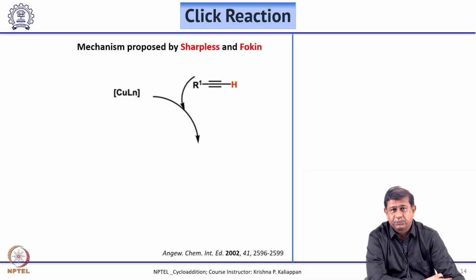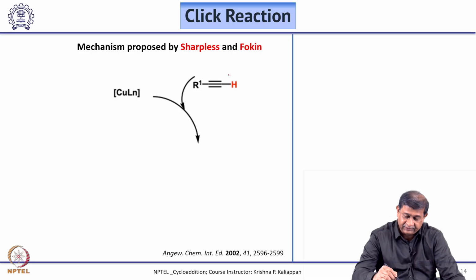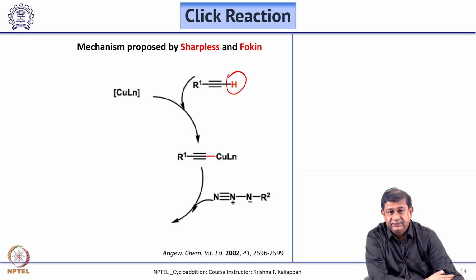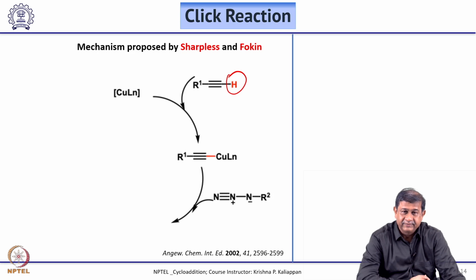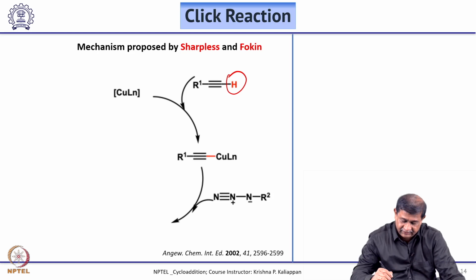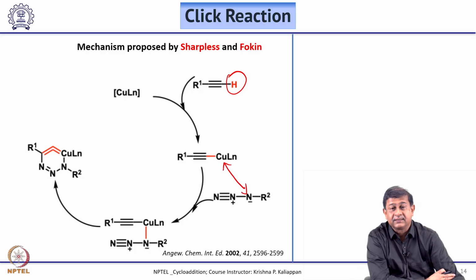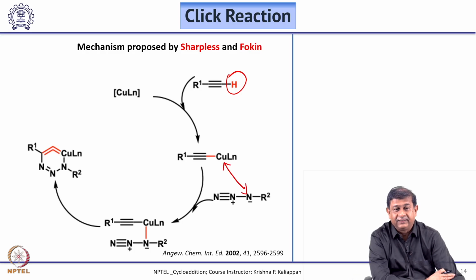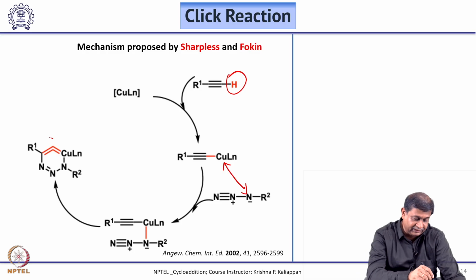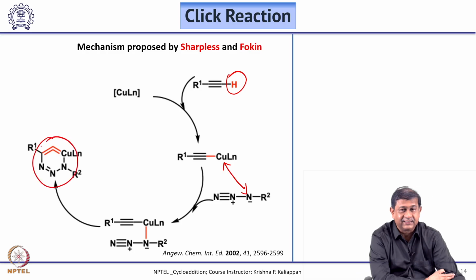So, Sharpless proposed first the copper takes out this acetylenic hydrogen, and it forms the copper acetylide, and this copper acetylide then again, as you can see here, forms a bond between copper and this nitrogen, and now this undergoes cyclization to form this 6-membered ring.